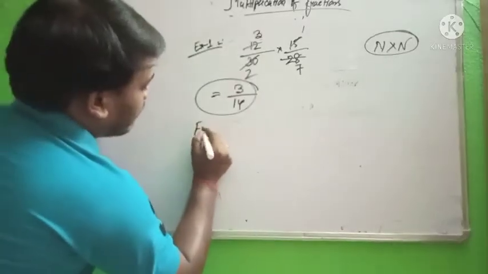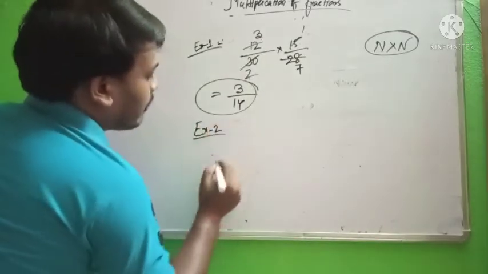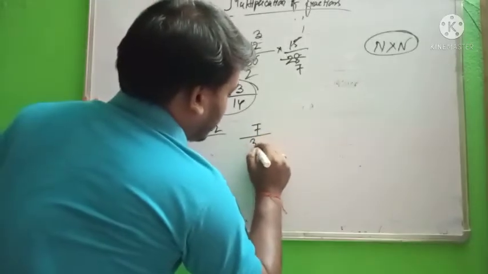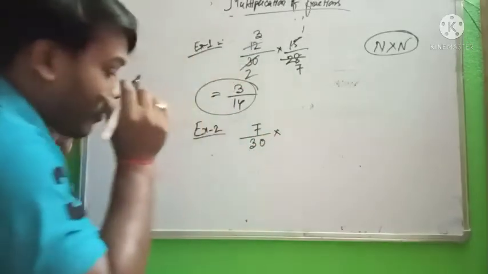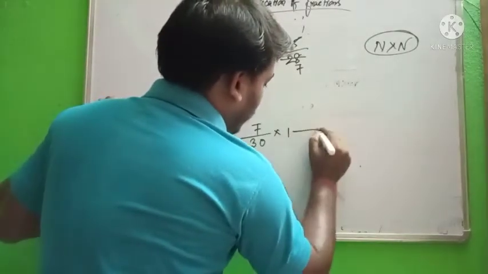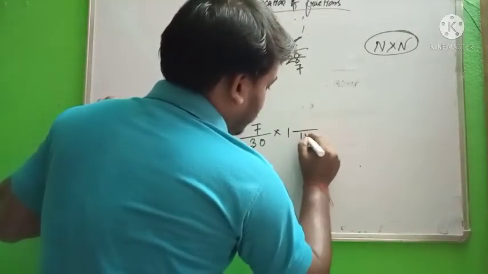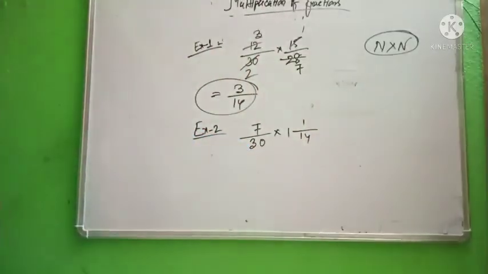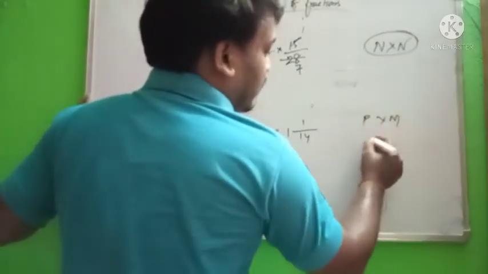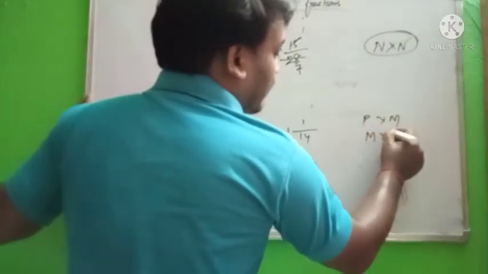Example 2: 7 by 30 into 1 whole 1 by 14. In this example, one is a proper fraction and the other is a mixed fraction, or mixed fraction into proper fraction.